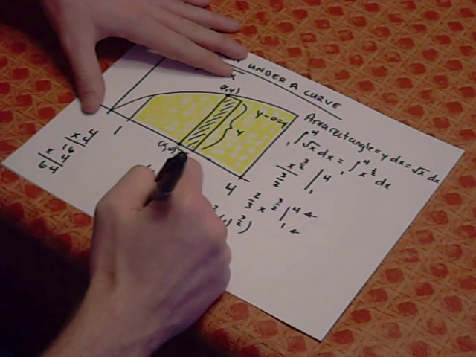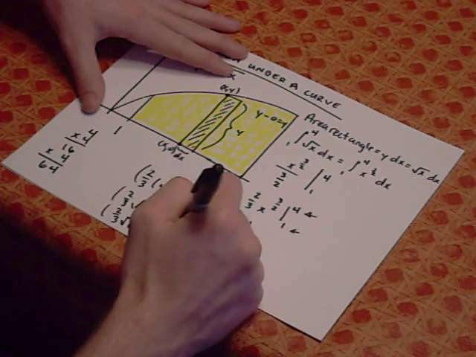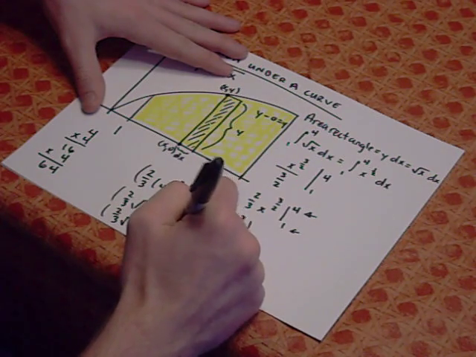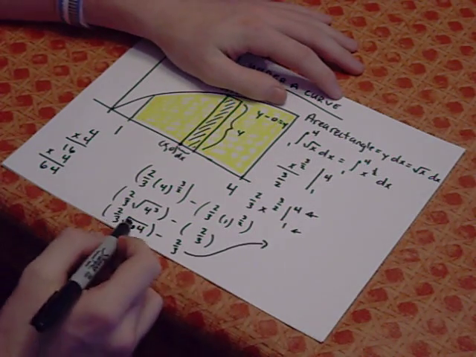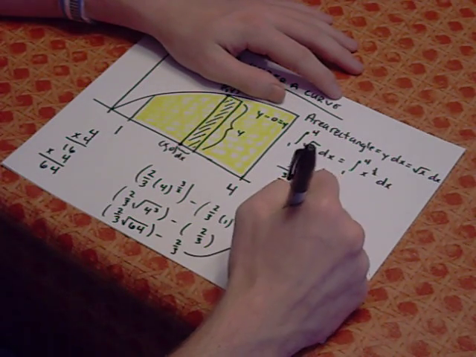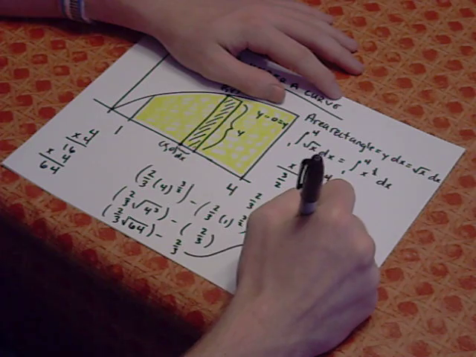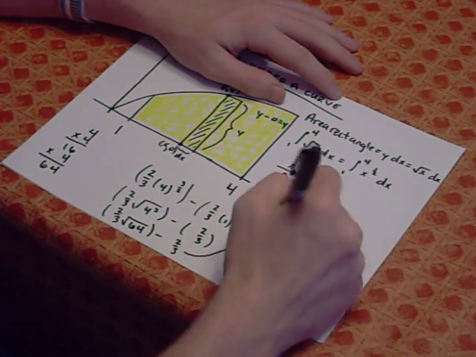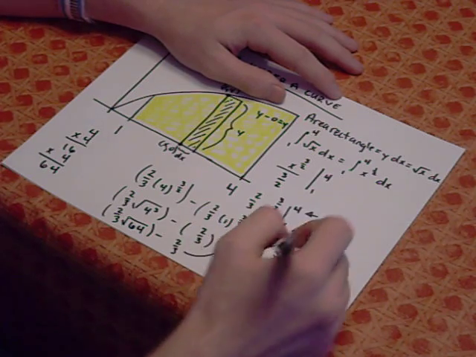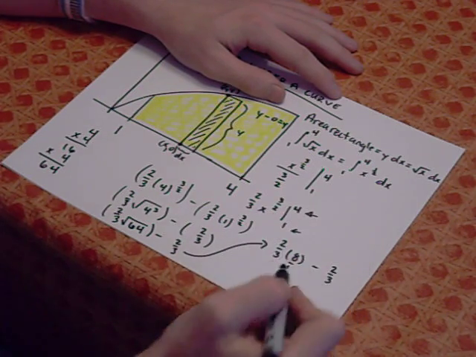So here, your square root of 64 is 8, so 2/3 times 8 minus 2/3. Now here, this is just like having an 8 over a 1.